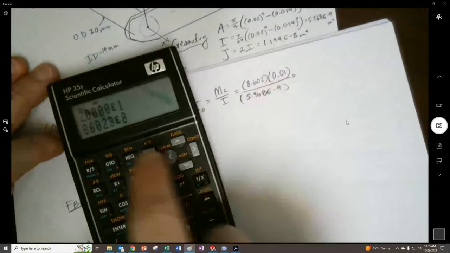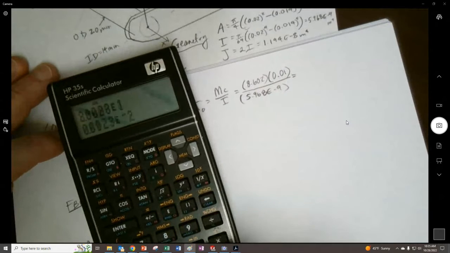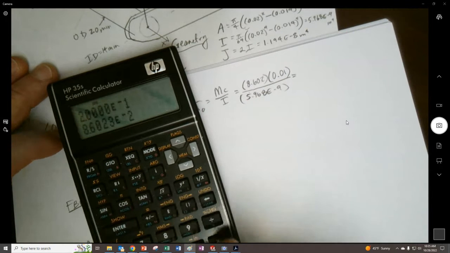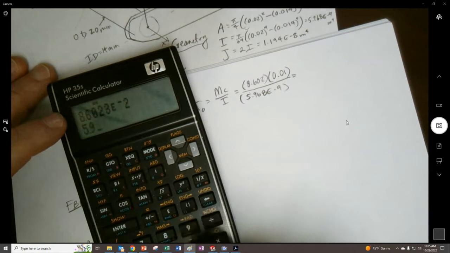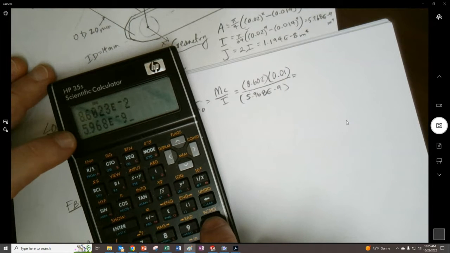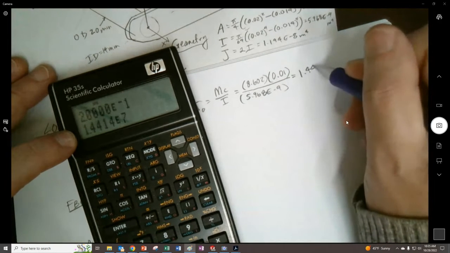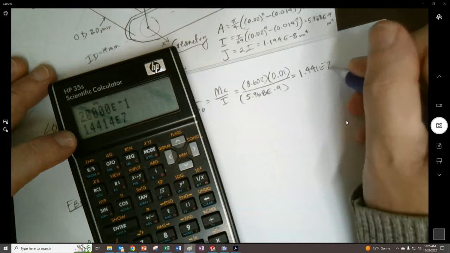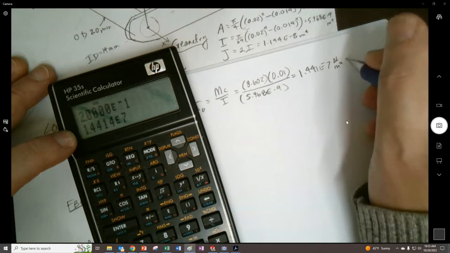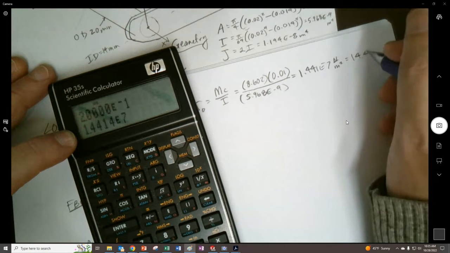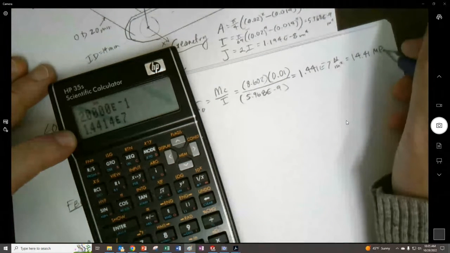So let's go. 0.01, and 5.968 E9 and divide. Yeah, so I get 1.441 E7 newtons per meter squared. If I divide by 1 million right in there, I'm going to get 14.41 megapascals.